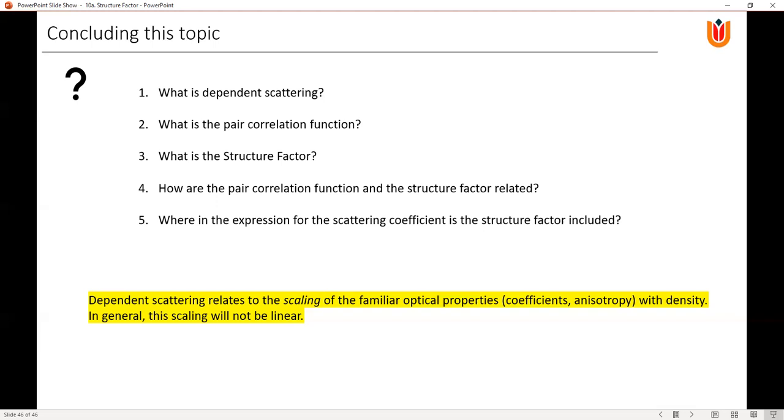So the structure factor is in there, but what is also in there? Phase function, yeah. So the integral of the phase function. If the structure factor is not there, you would integrate over the phase function, then the result is just unity. But if the structure factor is there, then the result will be different, and that causes the whole scale. All right.